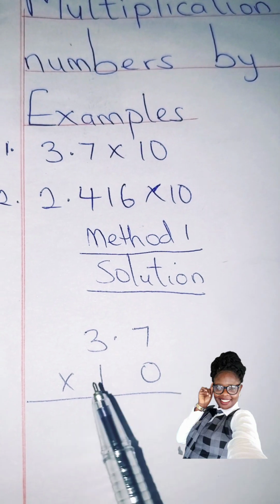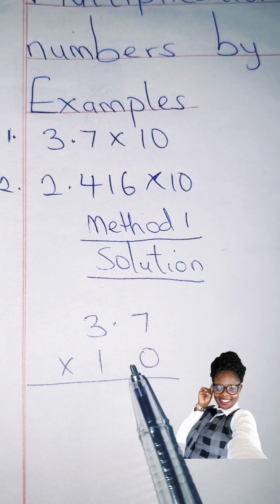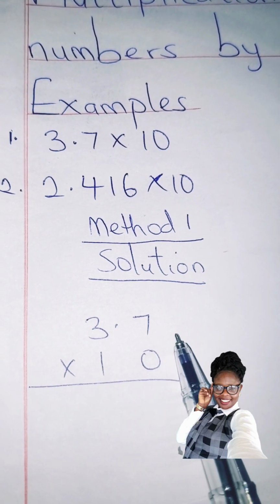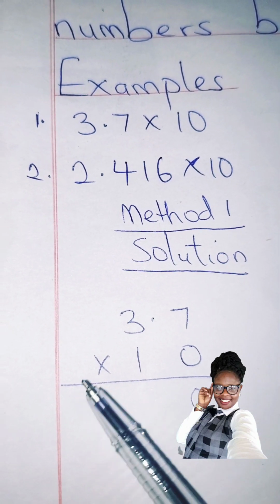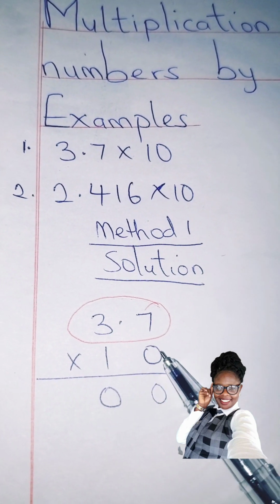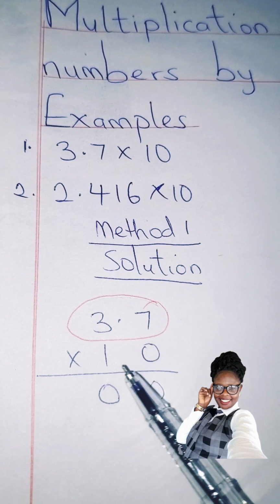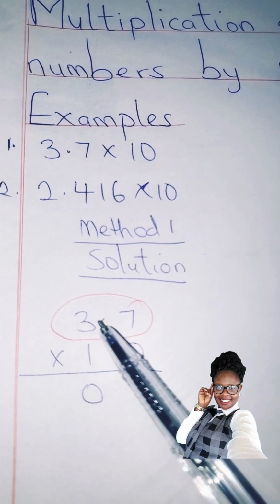And here it is, you begin from the last digit of this whole number. 0 times 7, 0. 0 times 3, 0. Meaning you use the last digit of this whole number, which is 0, to multiply these two numbers, which I have done.